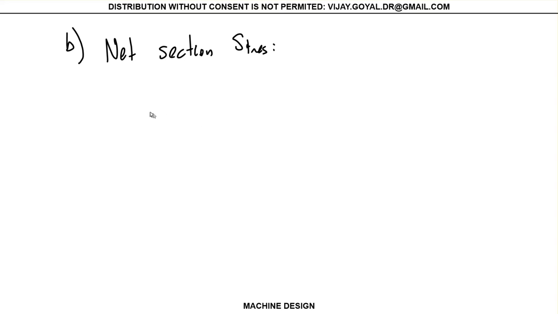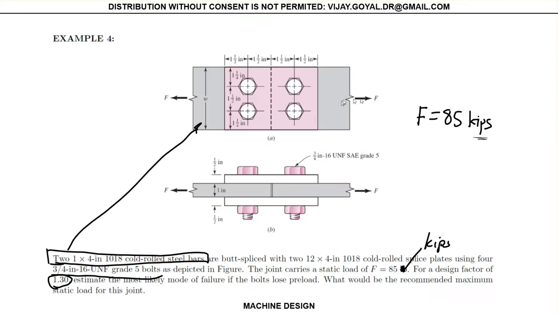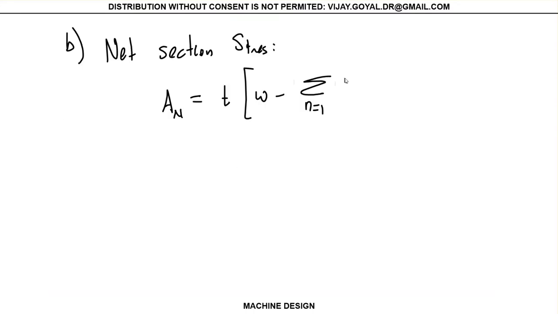This AN of the loaded member will be W minus the holes. Maybe you're wondering why I'm doing only the loaded one: because I have the highest value of my load. The other one is P over 2, so it's going to have less load. So I know that probably this is going to fail first. But as a good check, you should actually be checking both.